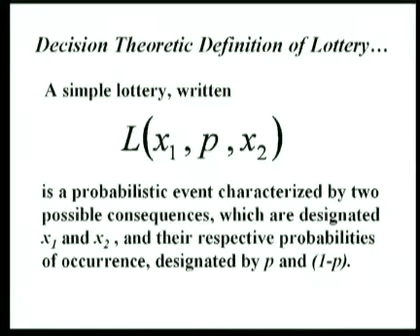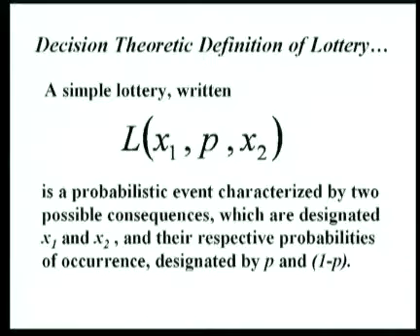It's a probabilistic event characterized by two possible consequences, designated x1 and x2, and their respective probabilities of occurrence, designated by p and 1 minus p. So in our terminology, x1 is one consequence, x2 is another. p is the probability that x1 occurs. So the probability that x2 occurs is simply 1 minus p.